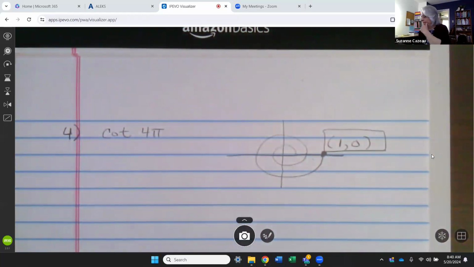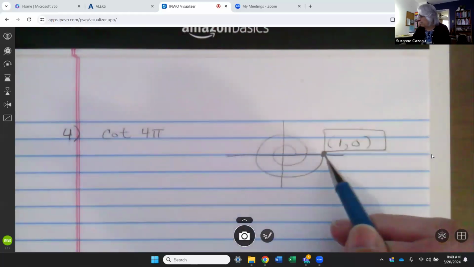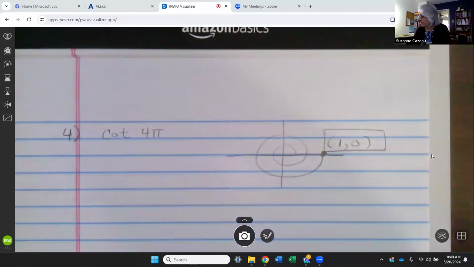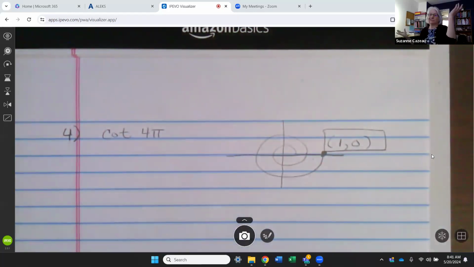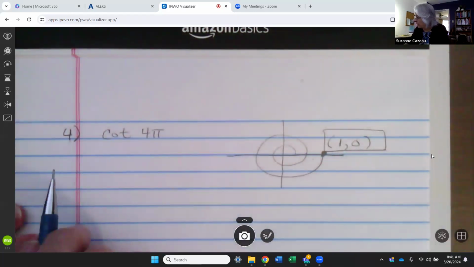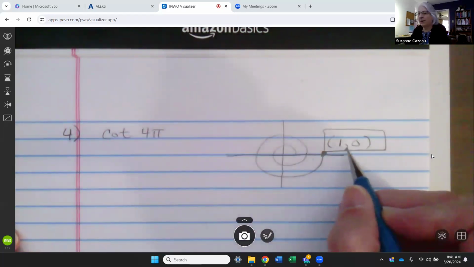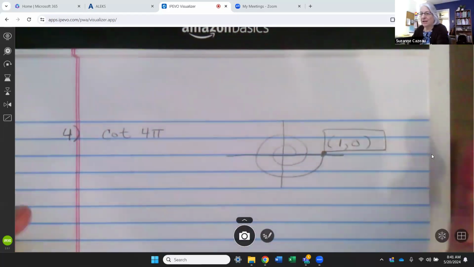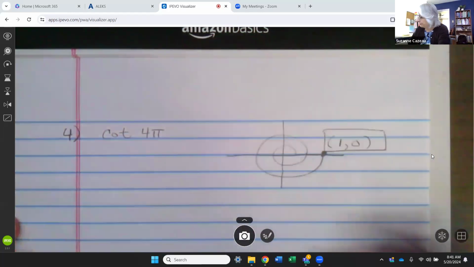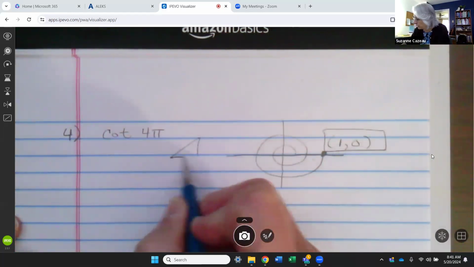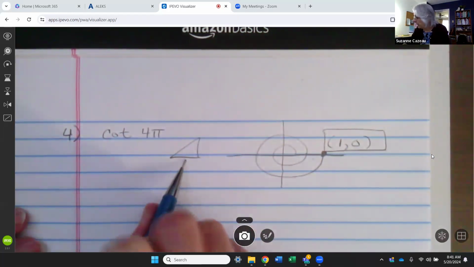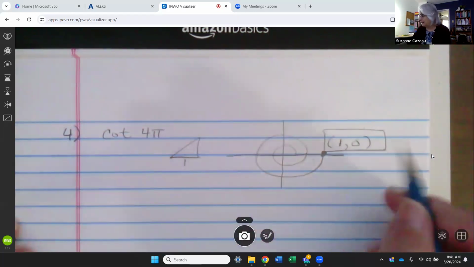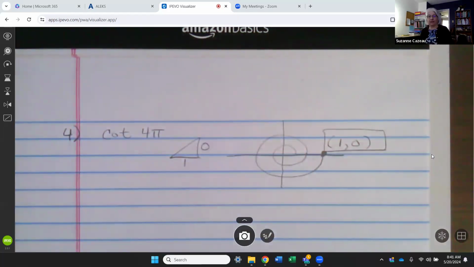And what is that? Well, we got to figure out the cotangent of that angle. This is the same thing as the cotangent of 0. But what is the cotangent? You could actually even think about this like it's a triangle. If you were to draw this as a triangle, you would have 1 on the x and 0 on the y, right?